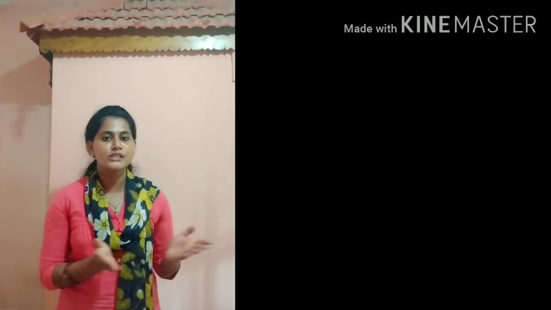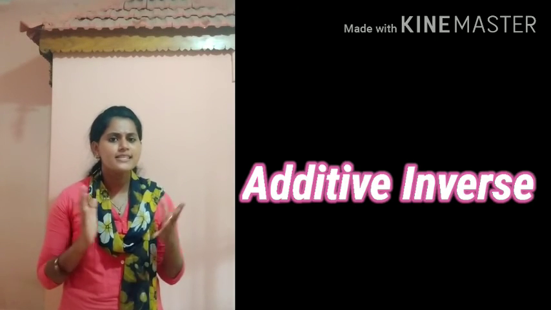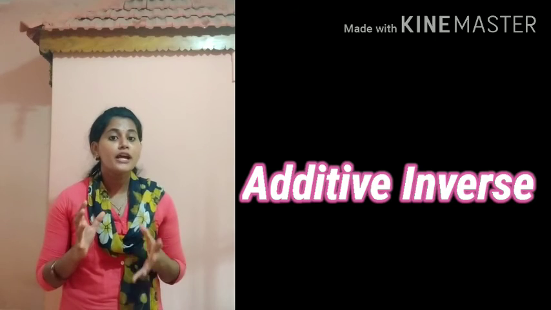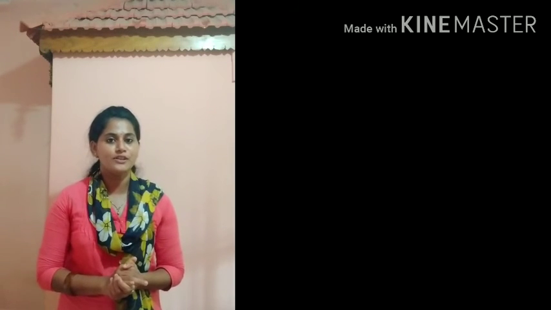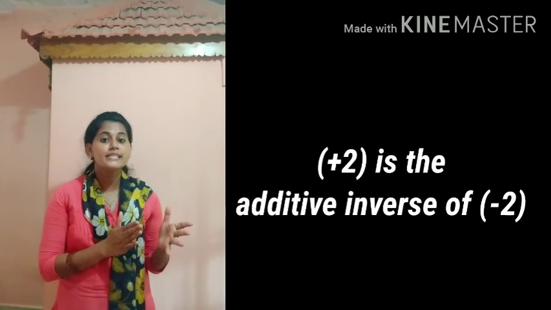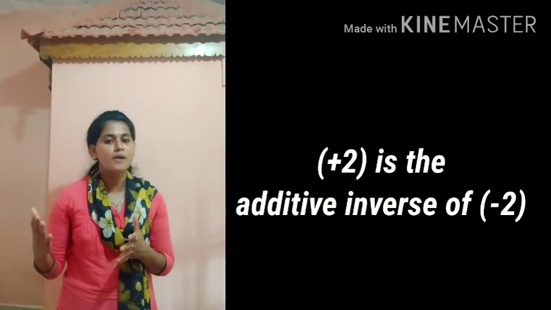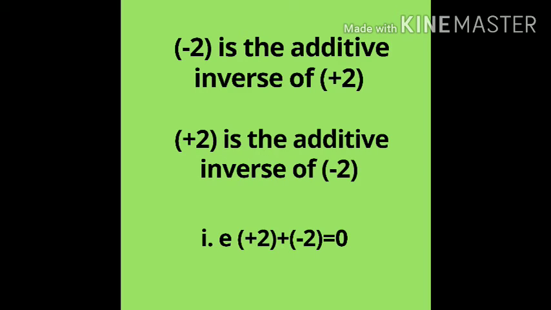Let's move on to the next topic, additive inverse. What is this additive inverse? What you add to a number to get 0 is called the additive inverse. I will give some examples. Here plus 2 is the additive inverse of what? Minus 2. Minus 2 is the additive inverse of plus 2, and plus 2 is the additive inverse of minus 2.